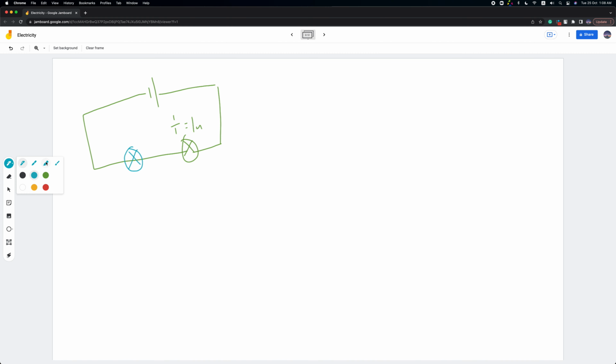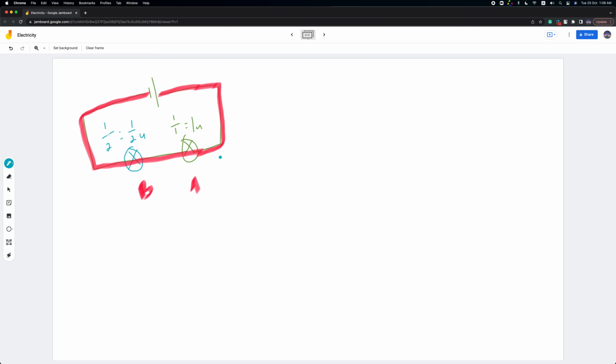When the electricity starts to flow, let's call this bulb A and this bulb B. It will flow through bulb A and bulb B. So this one battery has to flow through two bulbs, and that means each bulb is now half a unit.